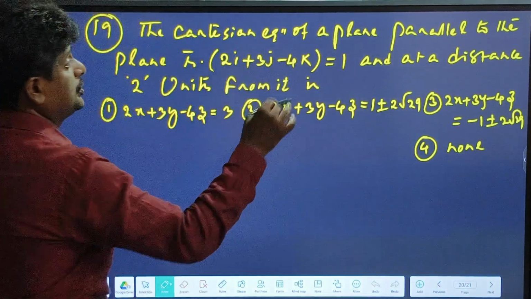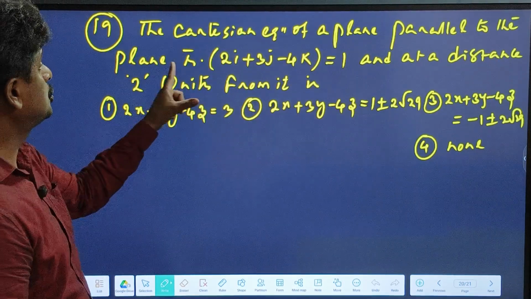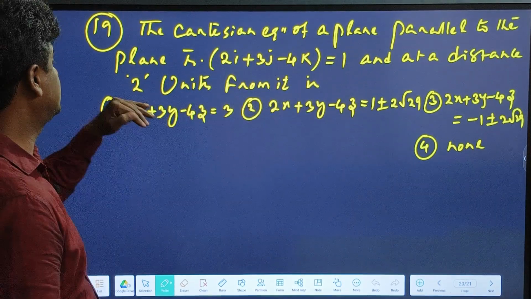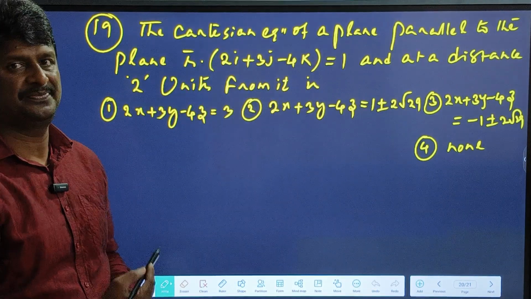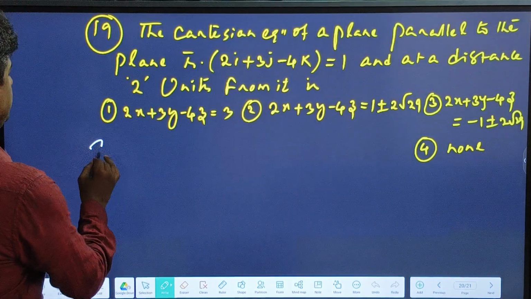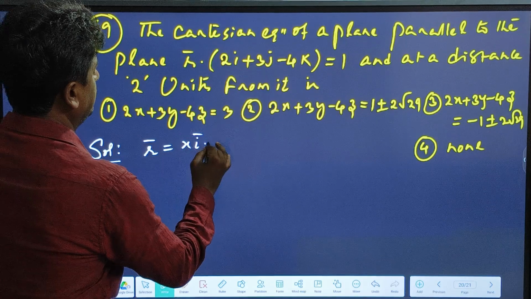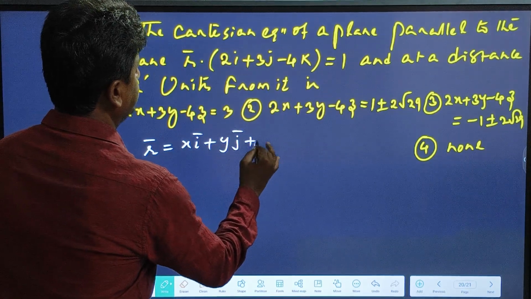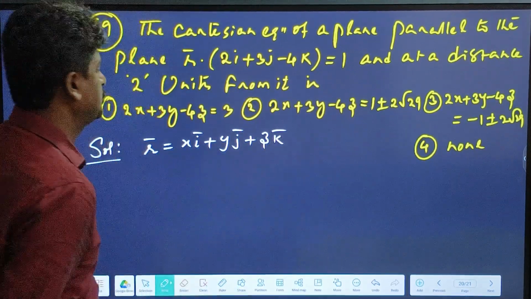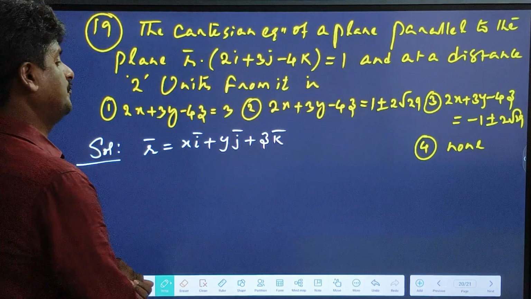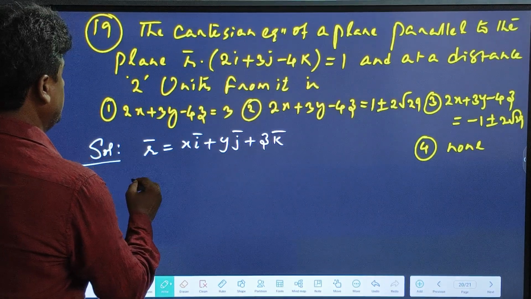The Cartesian equation of the plane parallel to the given plane and at a distance of 2 units from it. Do observe that in order to convert into Cartesian equation, we have to consider r bar is equal to xi bar plus yj bar plus zk bar.